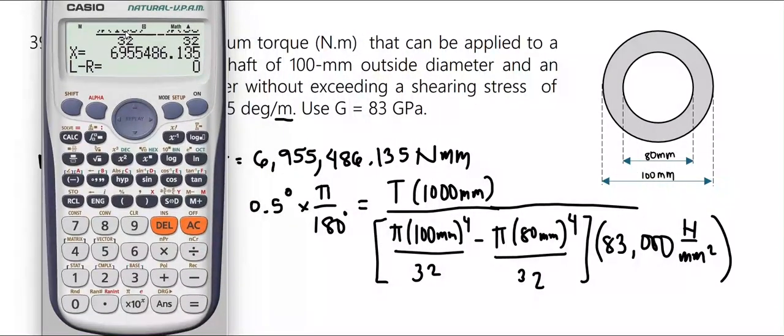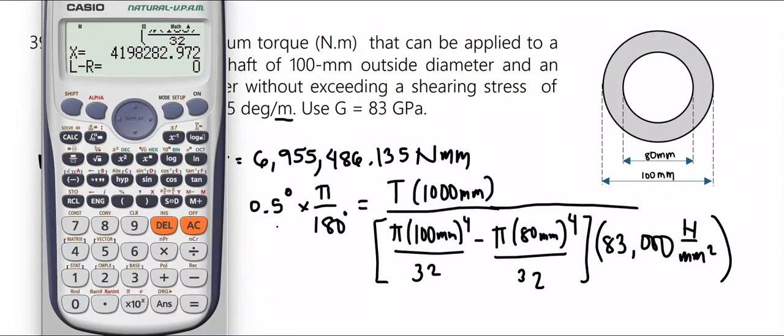Now we can solve for the value for torque based on the angle of twist. We have 0.5 times pi divided by 180 equal to torque T applied times 1 meter or 1000 millimeters divided by the polar moment of inertia. We have pi times 100 raised to the 4th power over 32 minus pi times 80 raised to the 4th power over 32, multiplied by 83,000.